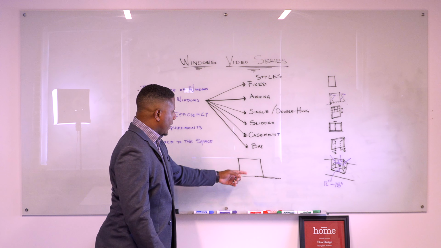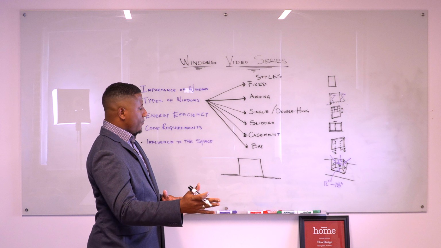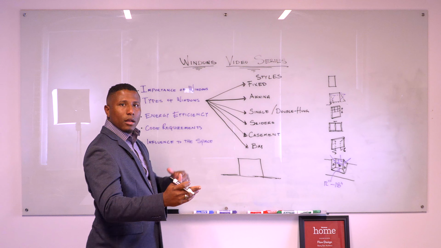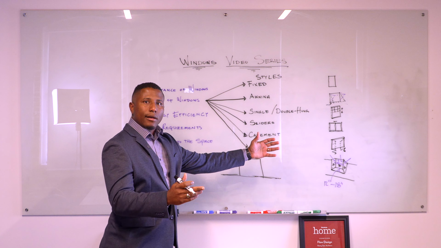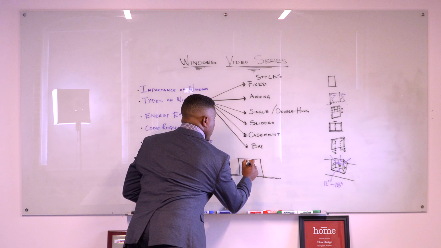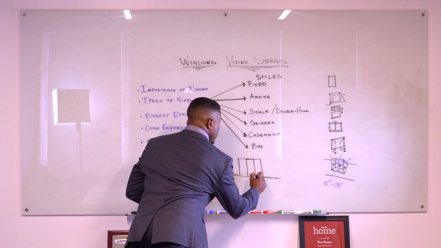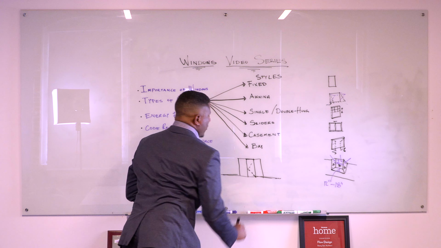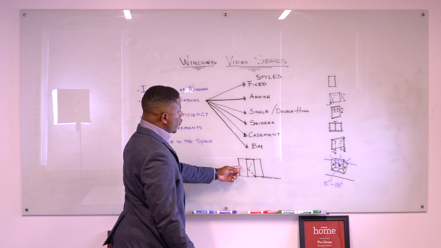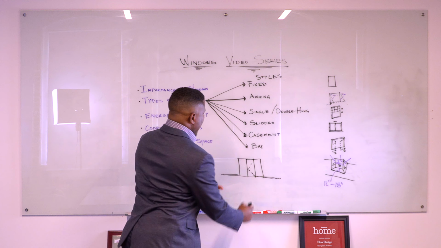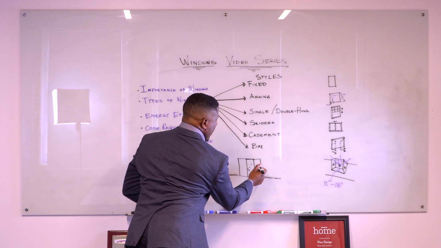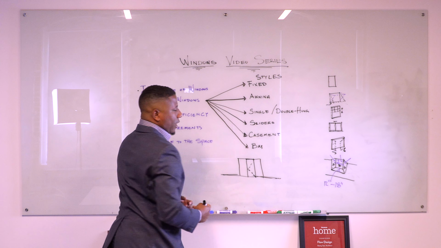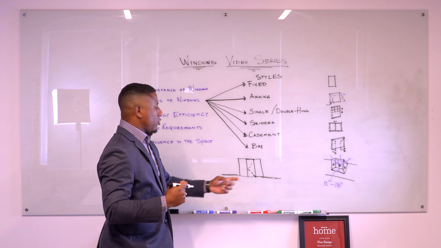So we're looking at an elevation. Let's say you have a living area looking at the backyard, and let's say you have a door. You have seen side lights all the time. This is a side light and a side light, where you have light coming in through your side lights.